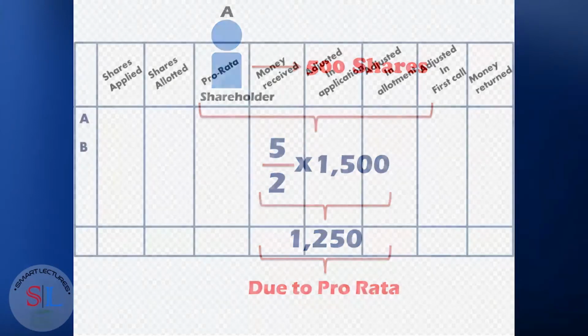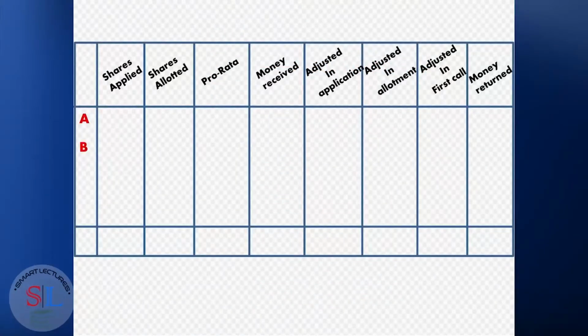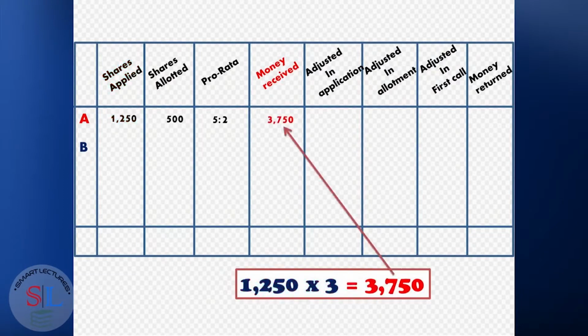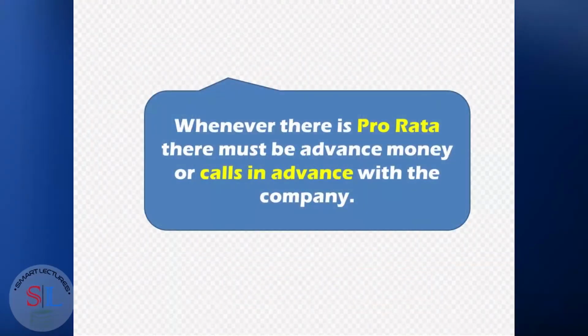So let's go to the table. There were 2 shareholders, A and B. A: shares applied 1250, shares allotted 500, pro rata applied 5 is to 2, money received. Because he applied for 1250 shares, he must have sent the check of 1250 into 3, 3750. And you know, whenever there is pro rata, there must be advance money or calls in advance with the company.